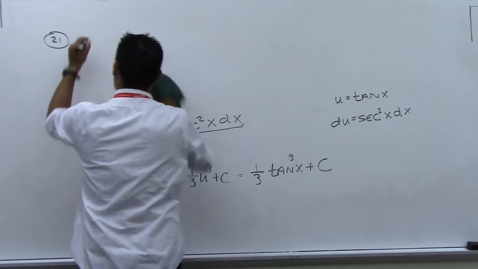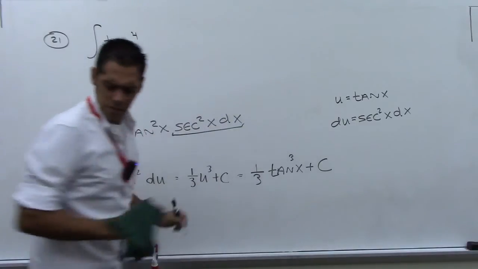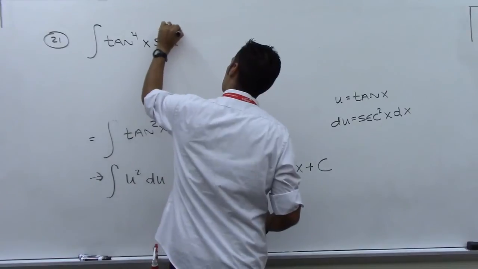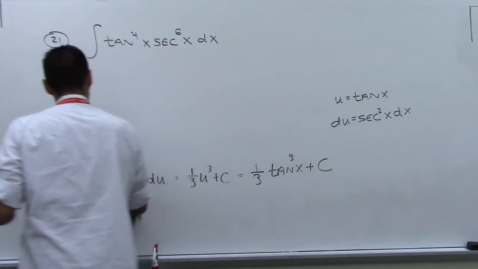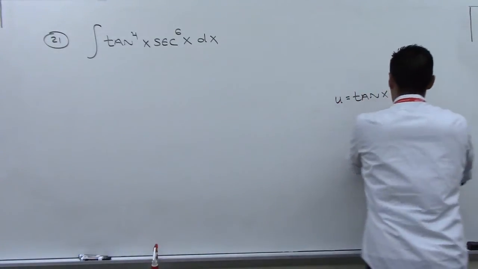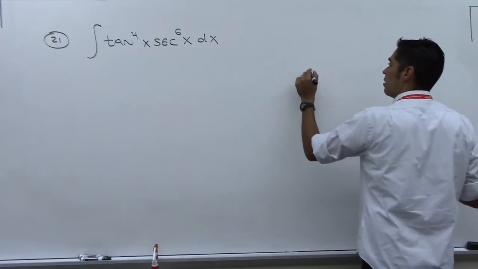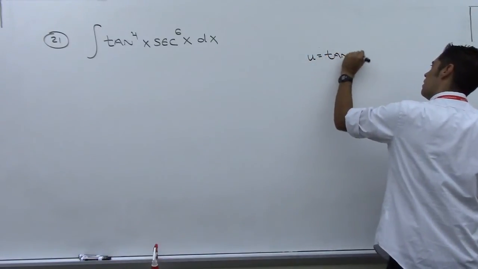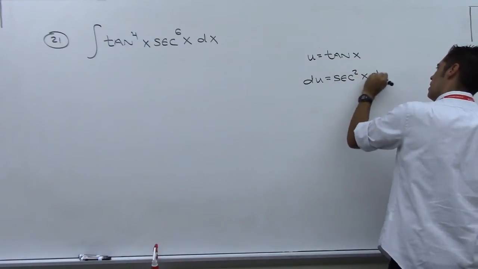Integral of tangent to the fourth x, secant to the sixth x dx. So you have tangents and secants appearing together. Your secant is to an even power, and because of that, you're going to peel off a secant squared. U will be equal to tangent x. Du will be equal to secant squared x dx.